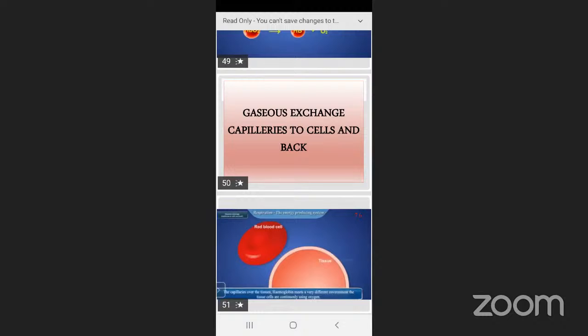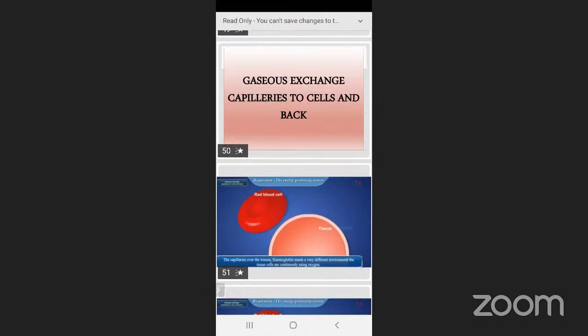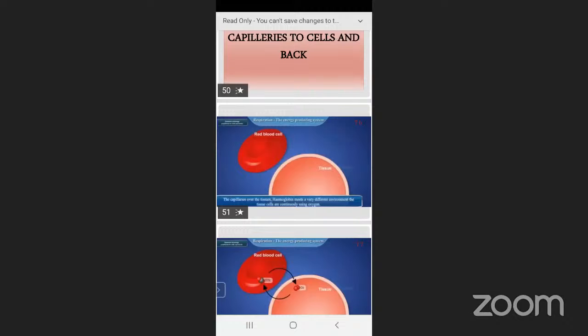Again, that carbon dioxide is brought back to the lungs, where exchange of gases takes place: oxygen on the capillary side and carbon dioxide on the lungs side. So gases are exchanged from capillaries to cells and back, as we have discussed up to now.